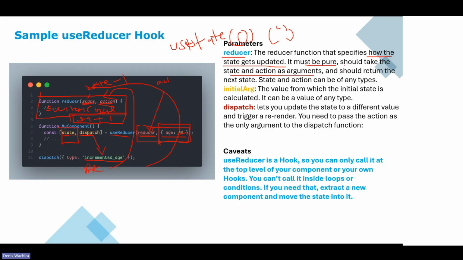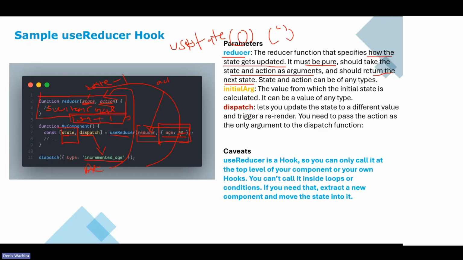It must be pure, in terms of it only takes two parameters, and it should return what? The next state. If you add state plus 1, the new state will be what?